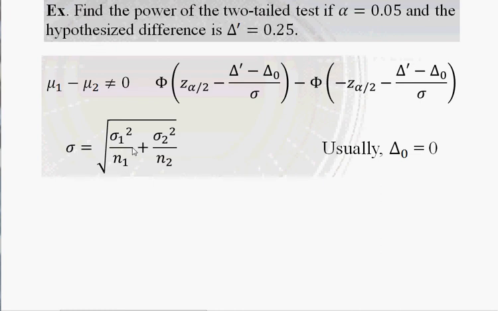So let's go ahead and do this. Once again, we have that the value of sigma is equal to the square root of sigma 1 squared over n sub 1 plus sigma 2 squared over n sub 2. So we will use the values that we had before, where we found that the value of the standard error was equal to 0.196759.